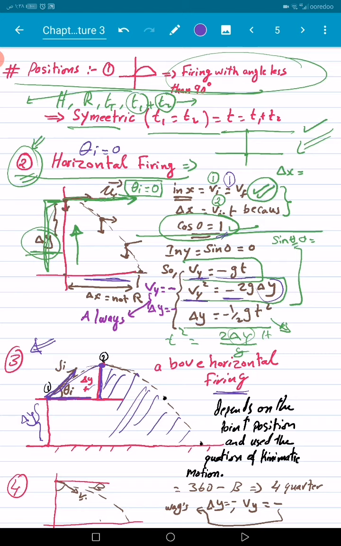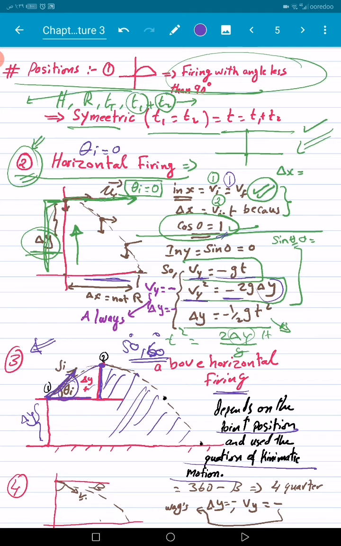And the same equations will be applied, just with the angle here, 50, 60 degrees. So you can take the angle and calculate it in sine and in cosine. It depends on the point position, and use the kinematic equations, the same equations.